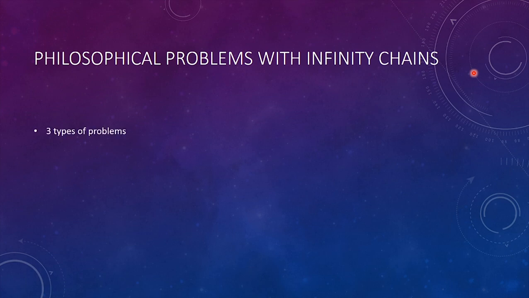There are three types of problems that philosophers will think about. There's problems with infinity. So some philosophers have argued that there can't be any kind of actual infinite quantity of things. For many years, I had no problem myself with thinking that there are actual infinities. It seemed to me that, well, of course there are infinitely many numbers.